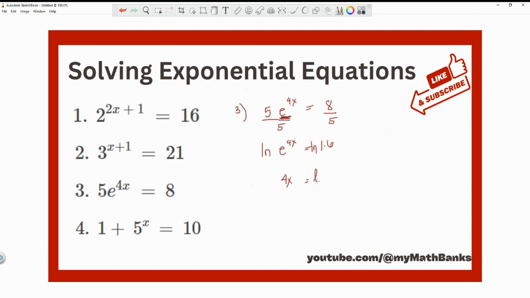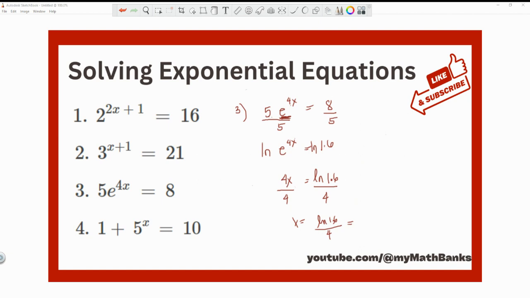So now you have ln of 1.6. To solve for x, you divide this by 4 and divide that by 4. Therefore x is ln 1.6 over 4.